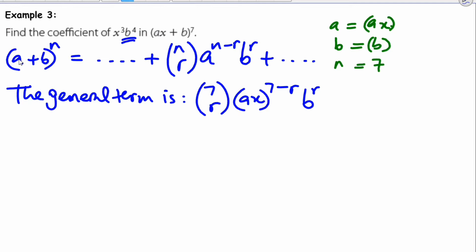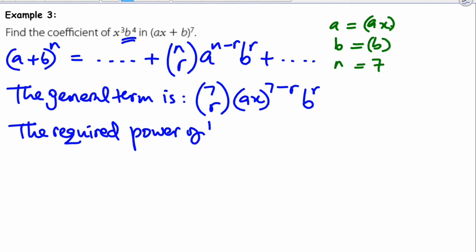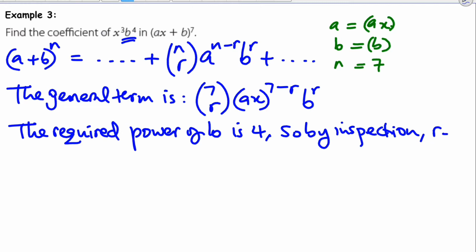So the required power of b from the question, okay. So by inspection, r is equal to 4.